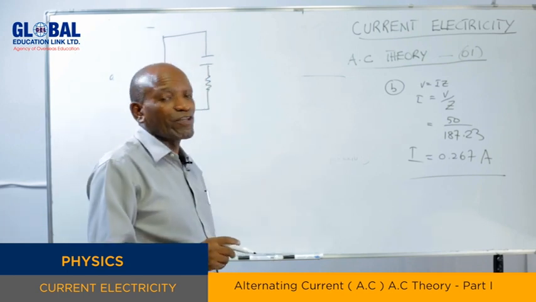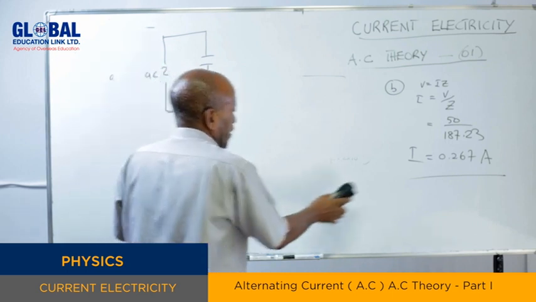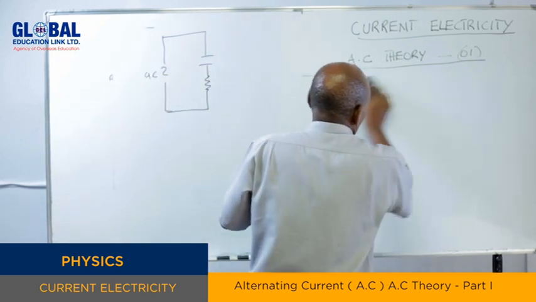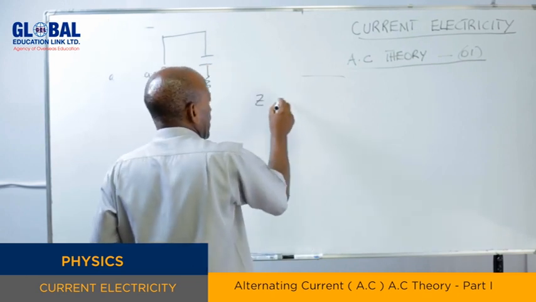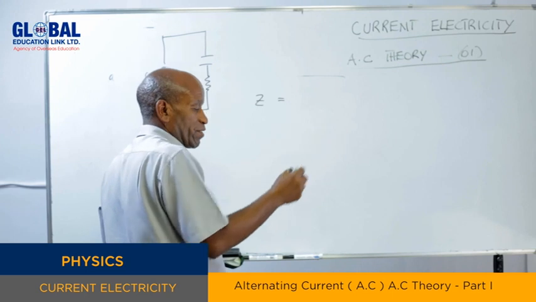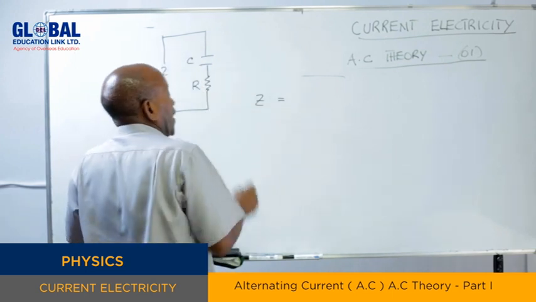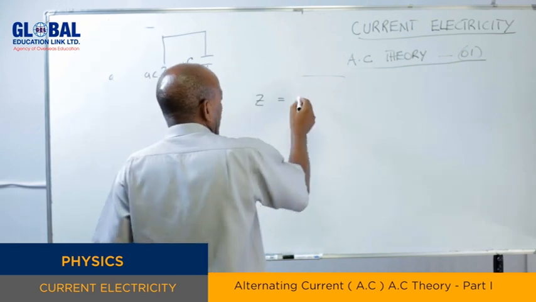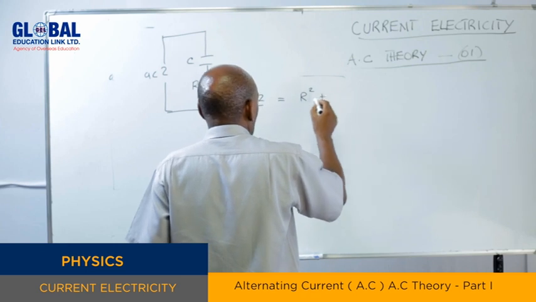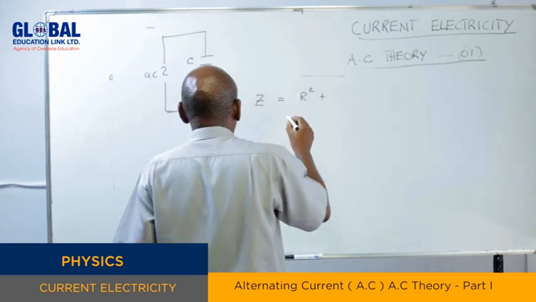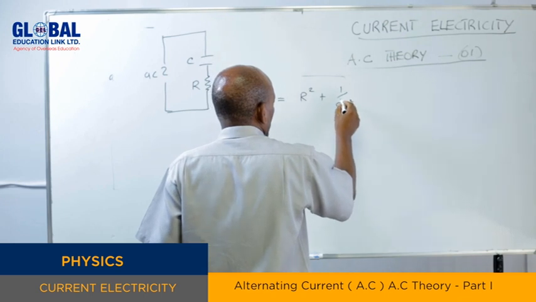To find the current flowing through the circuit, first of all, you need to determine the total impedance of the circuit. The impedance of the circuit due to a capacitor and a resistor is equal to the square root of R squared plus 1 over C omega squared.